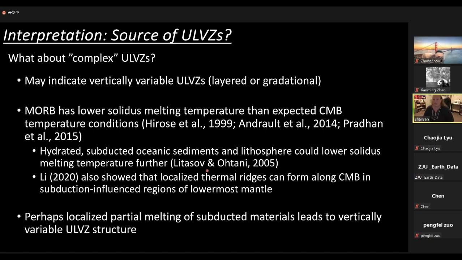So collectively, this indicates that subducted materials can undergo some degree of partial melting in the deep mantle. So perhaps our complex ULVZs still fit with our interpretation of subducted materials. It may just be that localized partial melting of that subducted material is leading to this more complex, vertically variable ULVZ structure that we see in some locations.